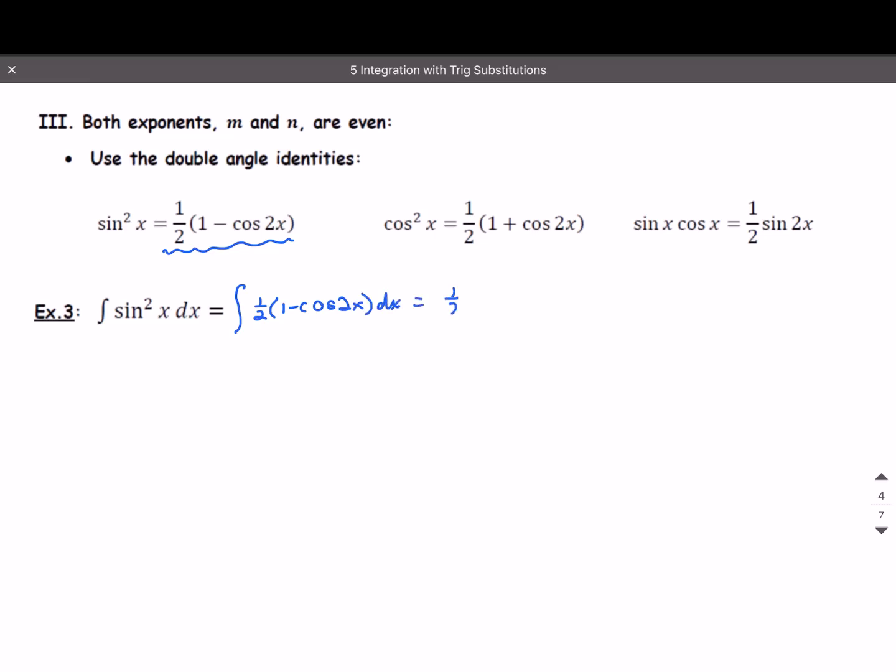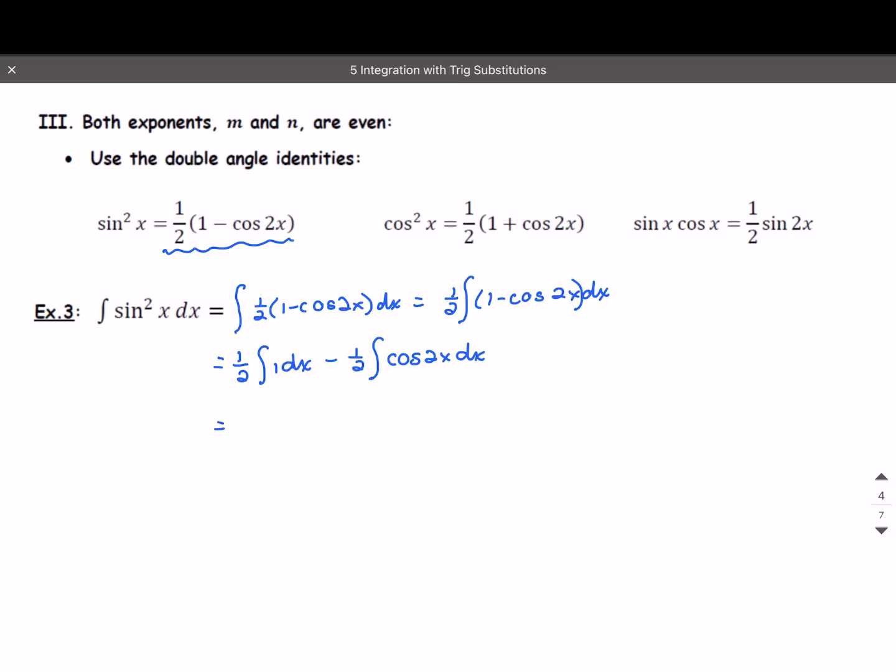So that 1/2 can come out front. Now some people like to split that up into two integrals so that they have a 1/2 times the integral of 1 dx minus a 1/2 times the integral of cosine 2x dx. It's up to you whether you want to do that.